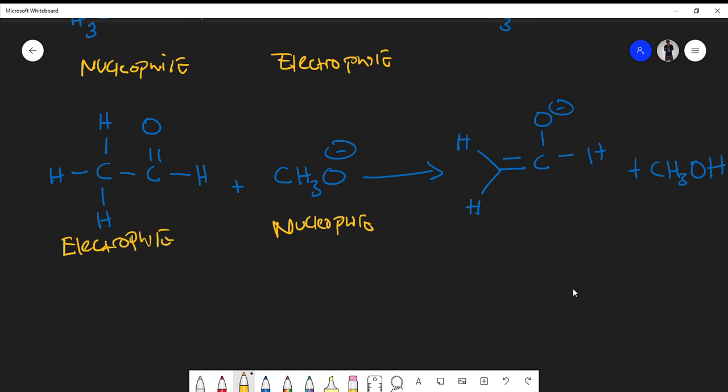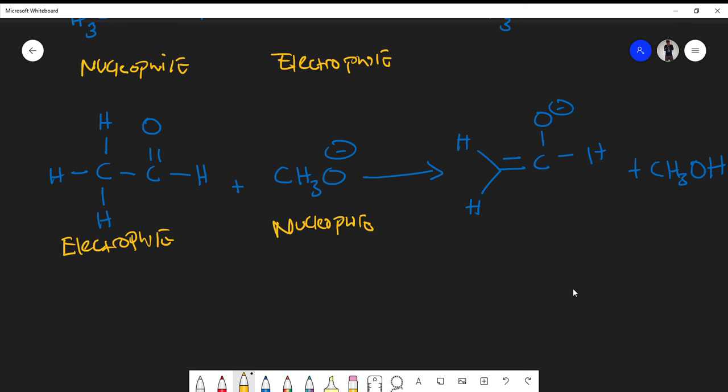We said that electrophiles are lovers of negative charges. Think about an electron. So an electrophile is something that usually becomes negative in solution after receiving an attack from a nucleophile, whereas a nucleophile usually becomes positive in solution. Think about nucleus as being positive, so they're lovers of positive charges.